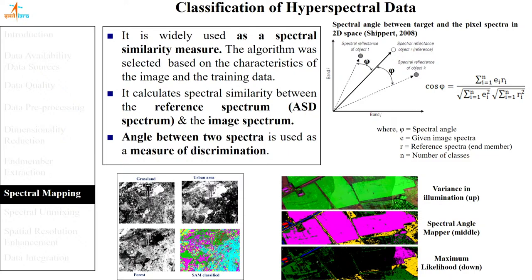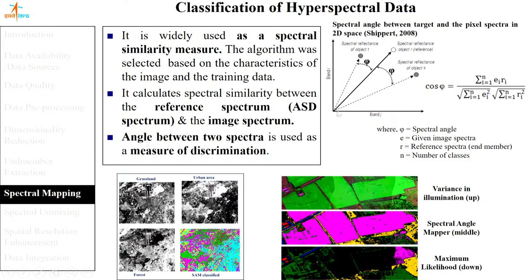Earlier the format for that was .asd, so that's why ASD spectrum is mentioned. Whichever spectroradiometer spectra is there, you try to match with that using one parameter, the spectral angle. How do we calculate the spectral angle? You can see this. Normally, to calculate the angle, we use the reference spectra and target spectra in the form of vectors.